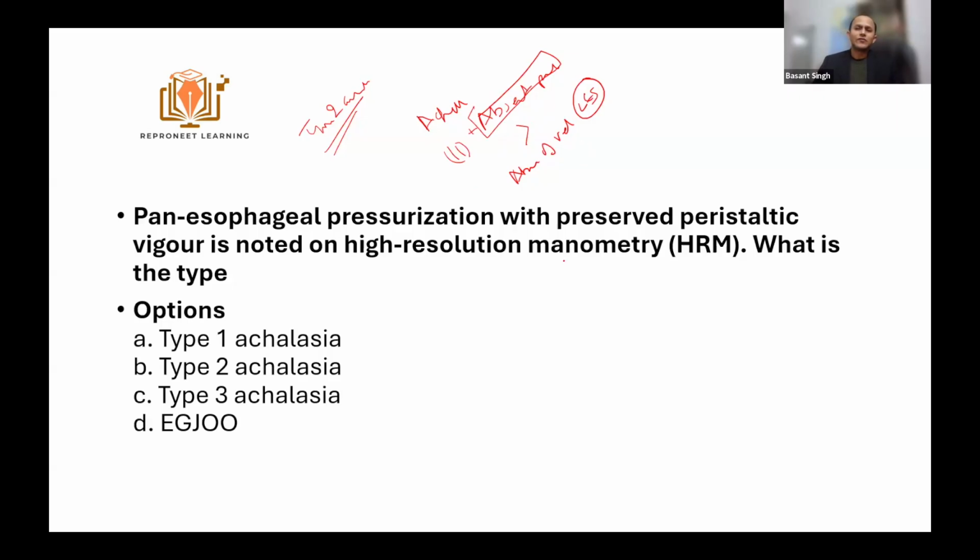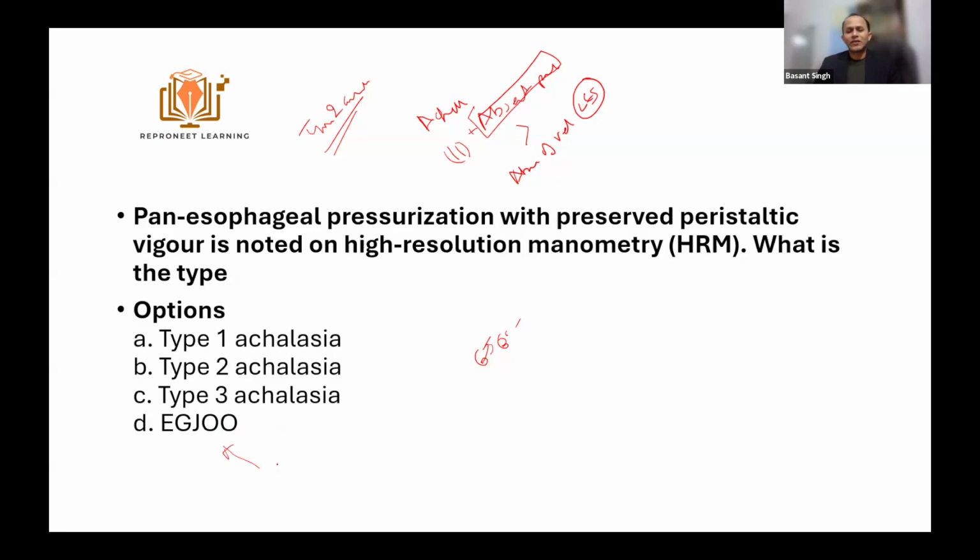If you see the Chicago 4 classification, there is something called esophagogastric junction outflow obstruction, EGJOO. Some people say that this is a kind of achalasia in evolution. What is the clinical scenario of outflow obstruction?